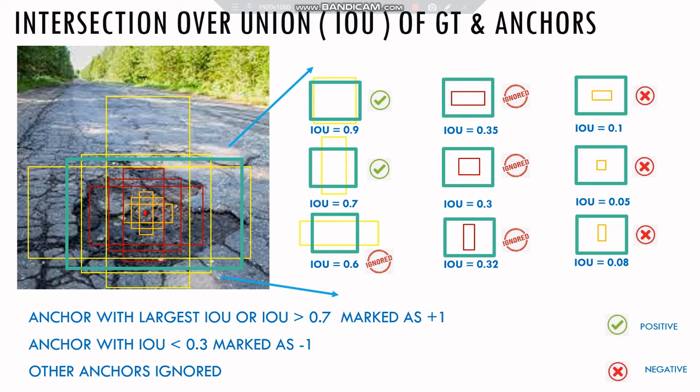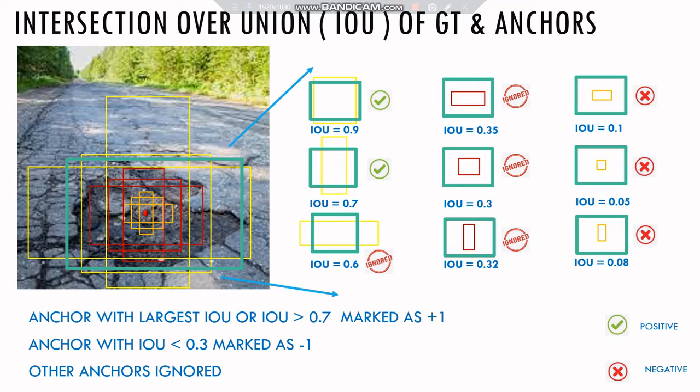Any of these anchor boxes or regions of proposals which had an intersection over union greater than 0.7 was marked as a positive region, which would be taken for training, and anything which was less than 0.3 was marked as negative, or as a negative example for the training. All the others were ignored.